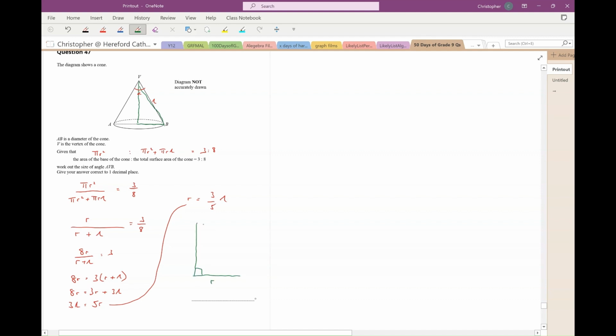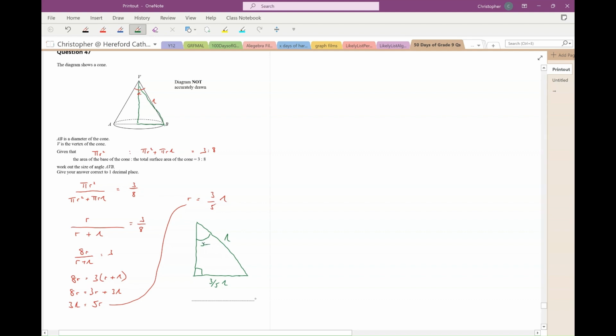That's r, and that is l, because r is 3/5 of l, so that's 3/5 there. Now, if I can use that to find this angle, which is half of alpha, I'll call it x.